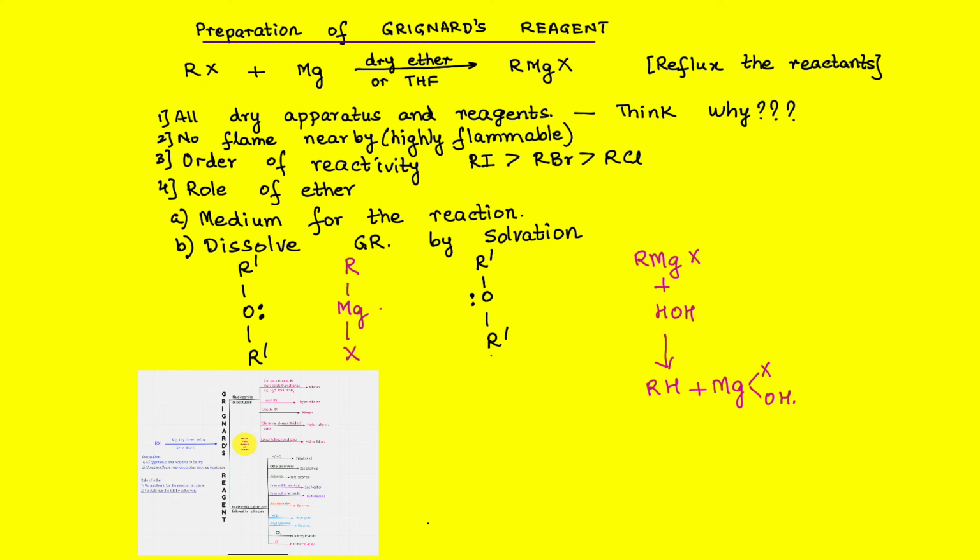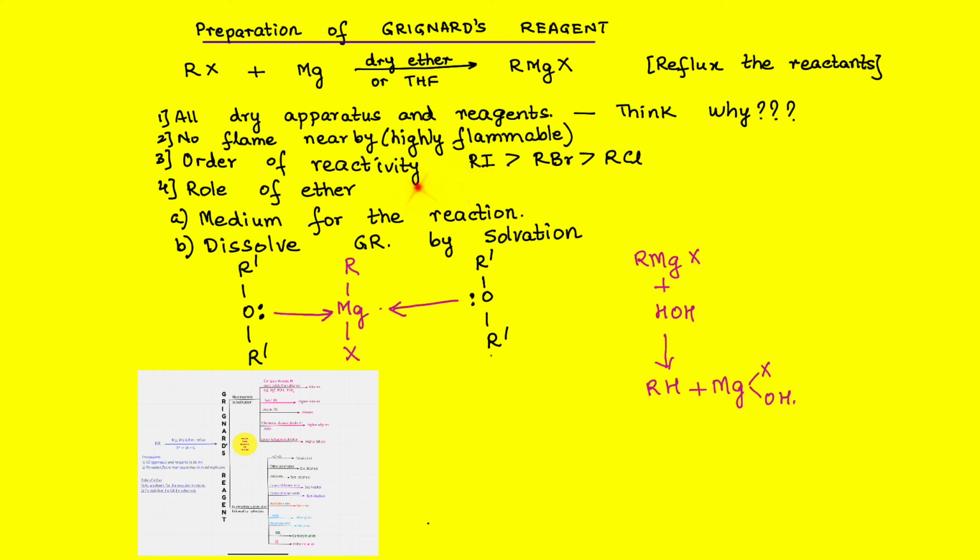So what they do is, the ether molecules share the lone pair of electrons on oxygen with the electropositive magnesium, helping to stabilize the Grignard's reagent, and this is called stabilizing by solvation. When we talk about the Grignard's reagent, we have to be careful that there are no flames near it, as the product is very flammable.